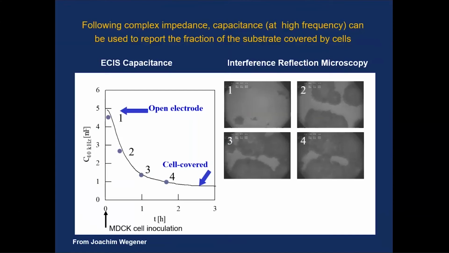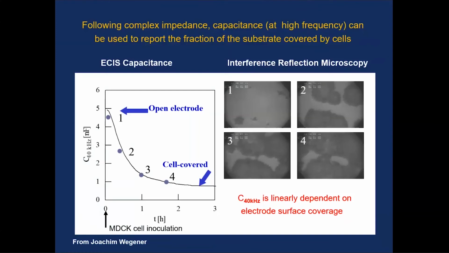And what turned out from these experiments is that by using capacitance, it will tend to be linearly related to the degree of surface coverage. So we have a means, using high-frequency capacitance measurements, to effectively do image processing and talk about the degree of cell coverage of an electrode.